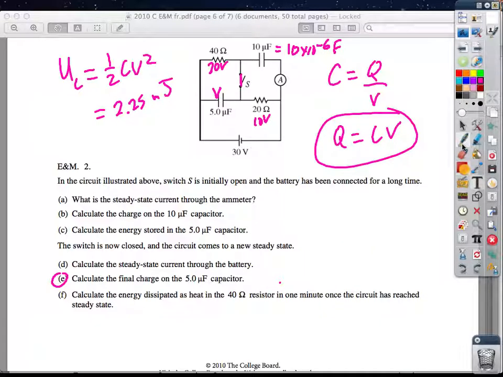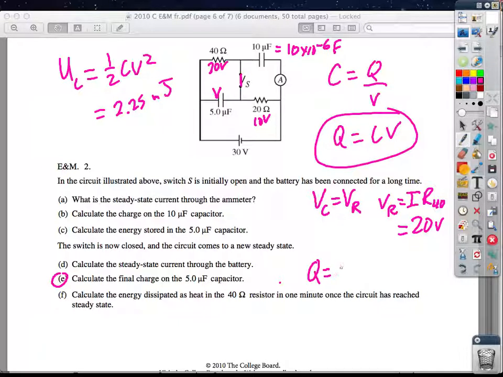Okay, so I would actually say the voltage on the capacitor will equal the voltage on the resistor. And then if you want to do it the long way, I would say the voltage on the resistor is equal to the current through the resistor times the resistance of 40 ohms. So then this is going to give me 20 volts. Okay, and now I can say Q is CV.